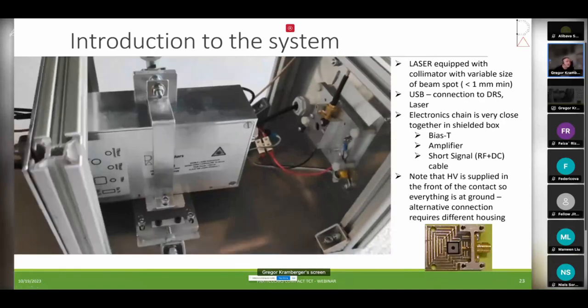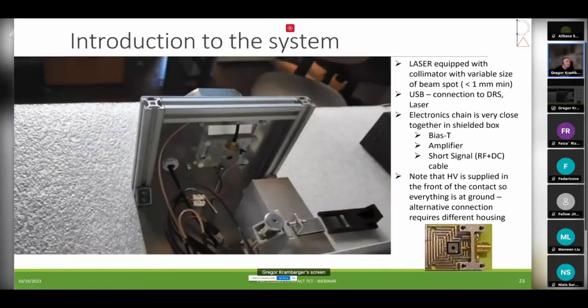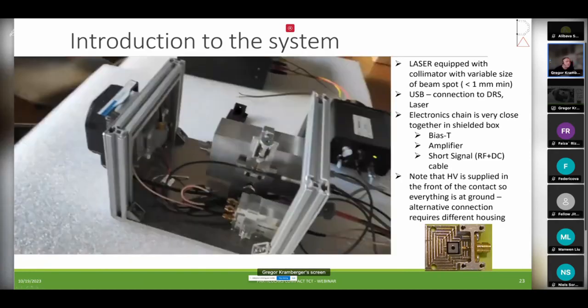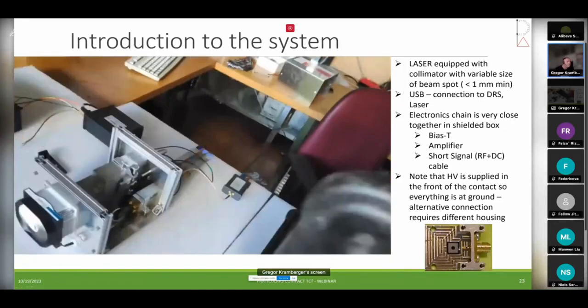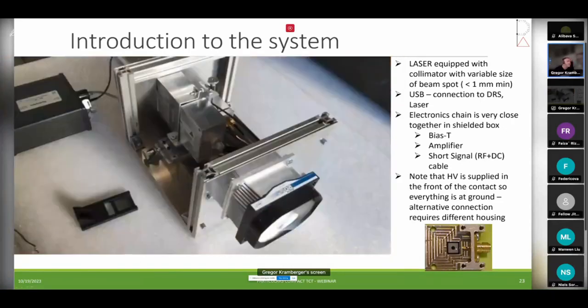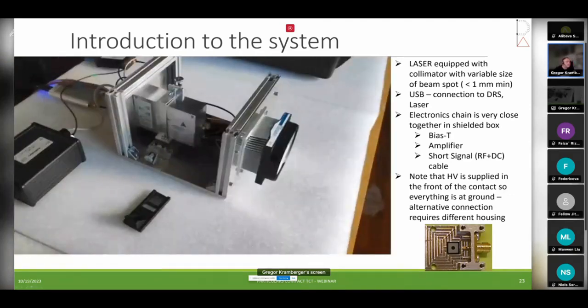It looks like that. The housing of the sample is basically a Faraday cage. You glue or fix your sensor in the middle and you wire bond it, or you can also use pogo pins, but they're a bit less optimal. If you want very nice signals, it's good that they're wire bonded.